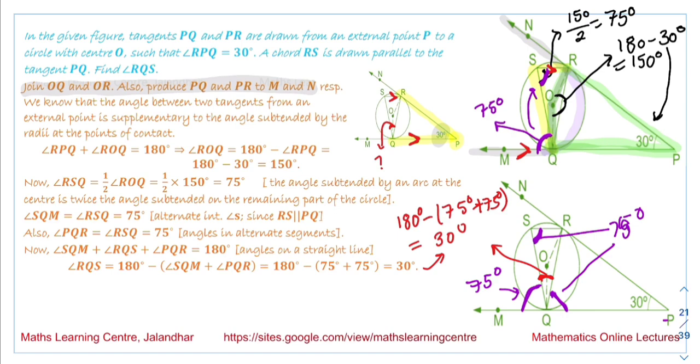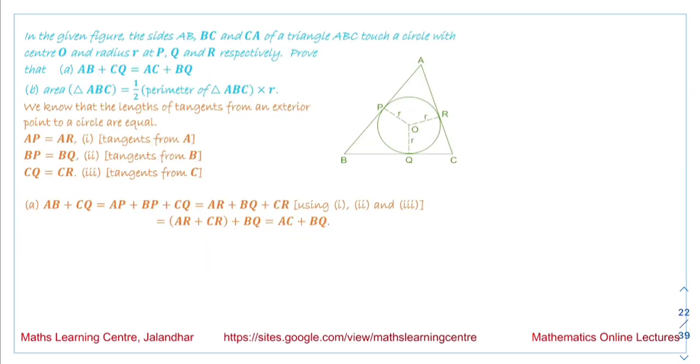Now the next question: in the given figure, the sides AB, BC and CA of triangle ABC, these are the three sides of the triangle, touch a circle with center at O, and the radius R is given for this circle.